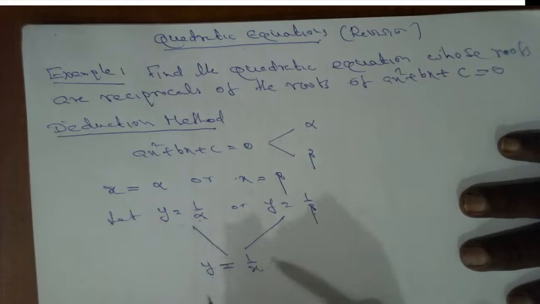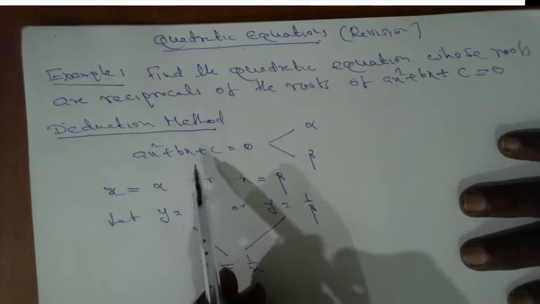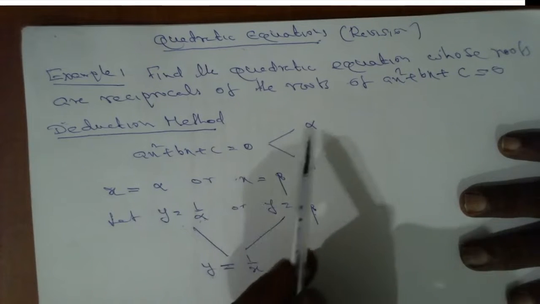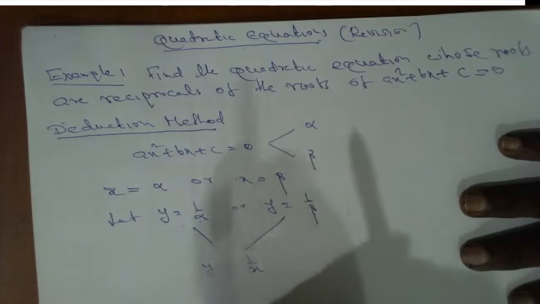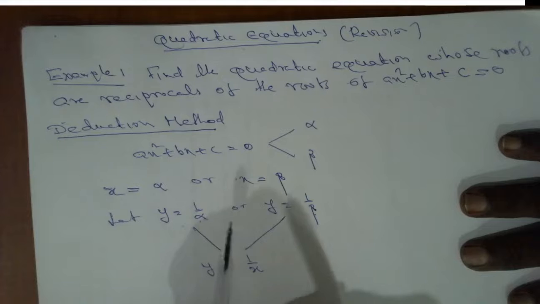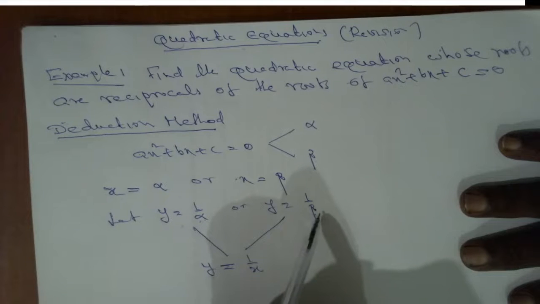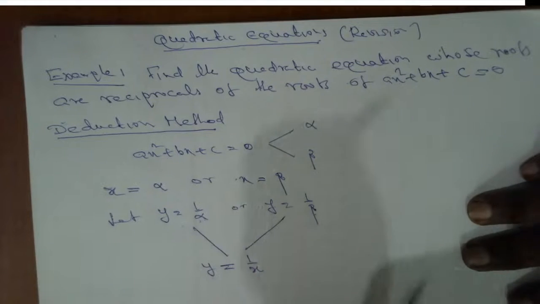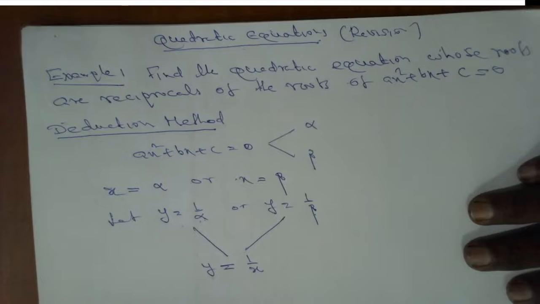So we have a quadratic equation; this is the quadratic equation whose roots are alpha and beta. Then you take the quadratic equation whose roots are 1 over alpha and 1 over beta, which includes the variable y, right?